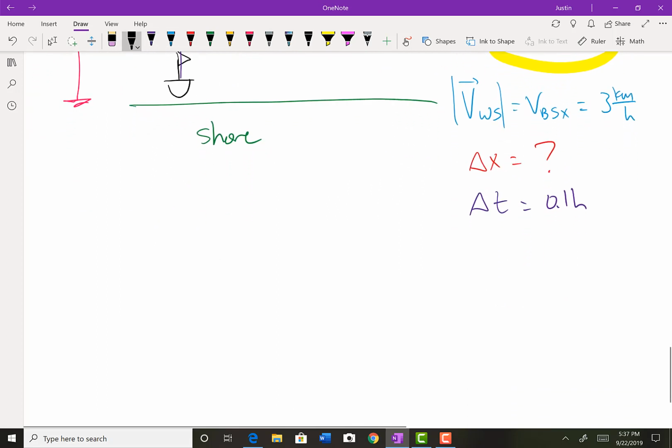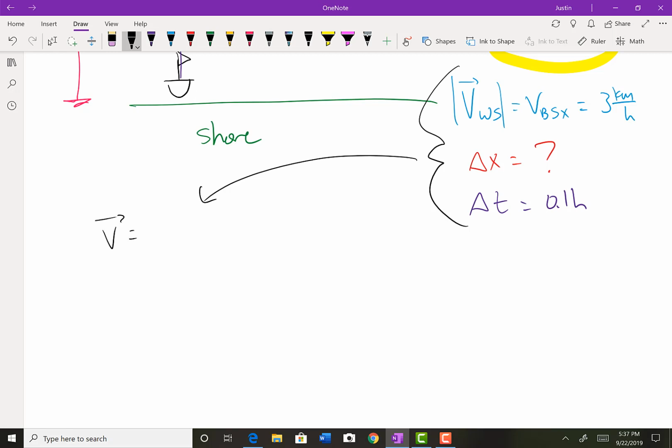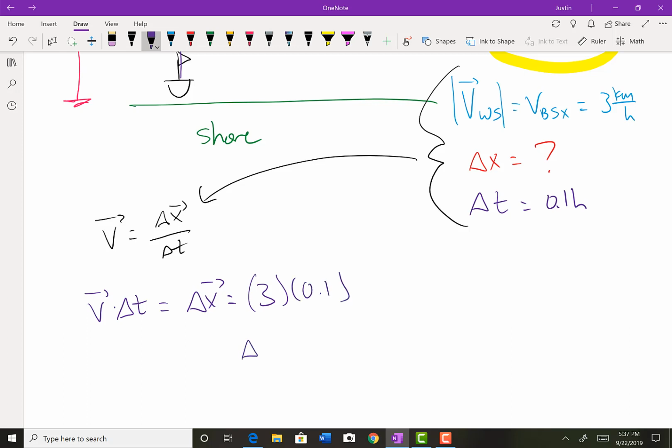And again, I can use the definition of velocity, which is equal to the displacement over the change in time. I'm isolating displacement, so the velocity multiplied by the change in time is going to give me the displacement. So what's my velocity? It's 3 kilometers per hour multiplied by 0.1, and that gives me a displacement of 0.3 kilometers.